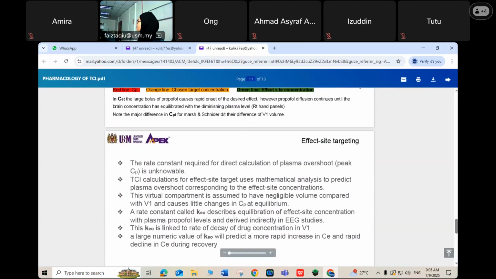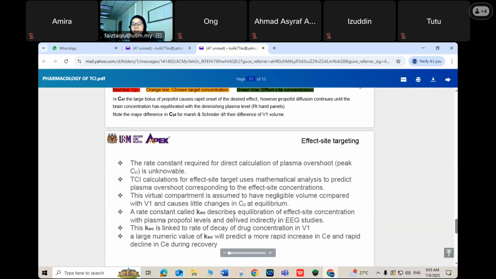You nak drug tu faster onset, faster offset, KEO value you nak besar ke nak kecil? Nak besar, very good. Why? Because large KEO numbers means that it is rapidly increased in the concentration at effect site, which is the onset kan? And also rapid decline in the effect site concentration during recovery. Maksudnya offset. Okay, so large KEO is good.